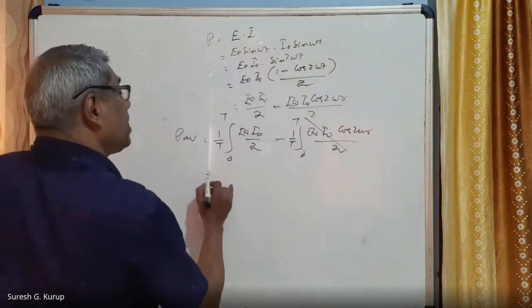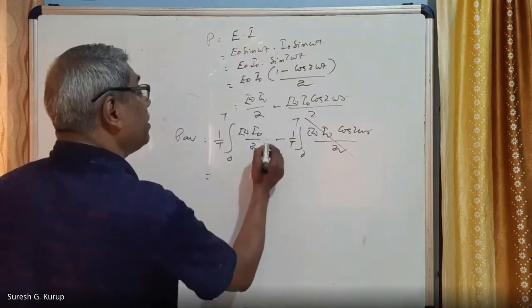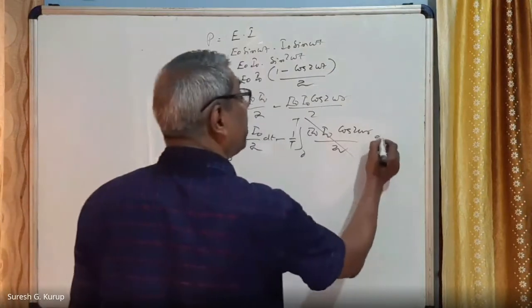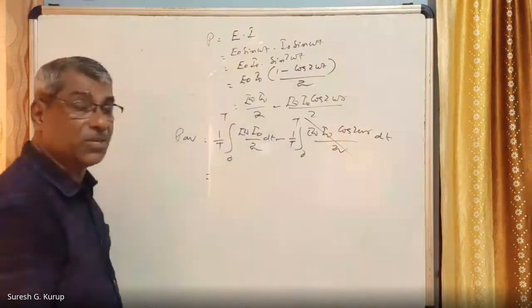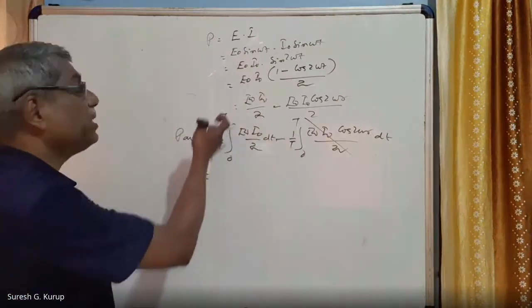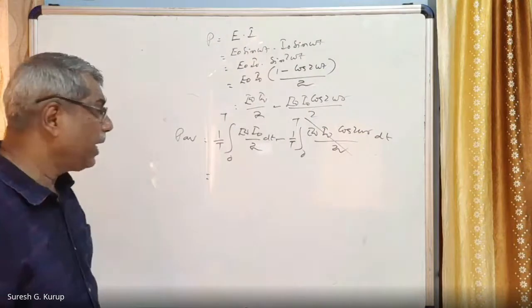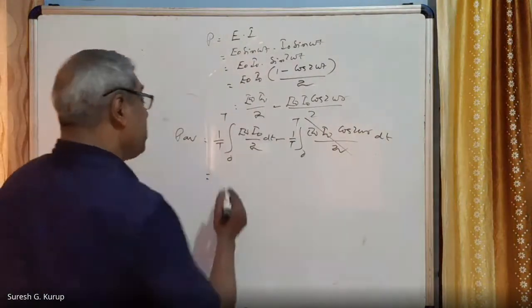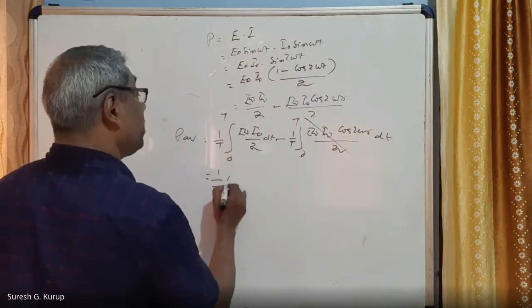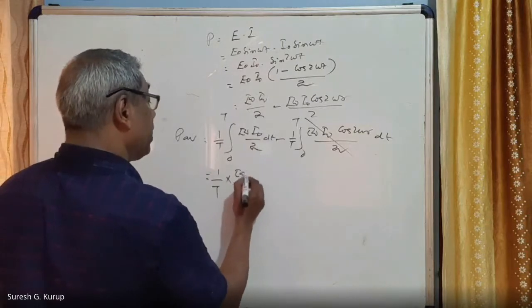This is what we are getting. I forgot to write dt here, integral of this dt, because it is integrated with respect to time. So this can be written as 1 by capital T into E0 I0 by 2, which can be taken outside.